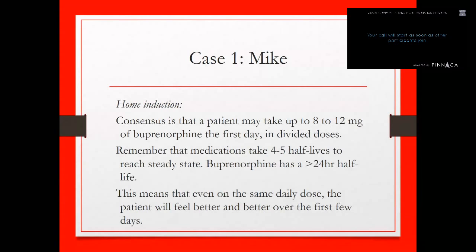Remember that medications take 4 or 5 half-lives to reach steady state, and buprenorphine has greater than a 24-hour half-life. The anticipatory guidance you can give to patients is that even if they take the exact same dose for the first 5 days, each day the level of medication in their system is going to be building up. So we would expect that they would continue to feel better and better over the first few days.